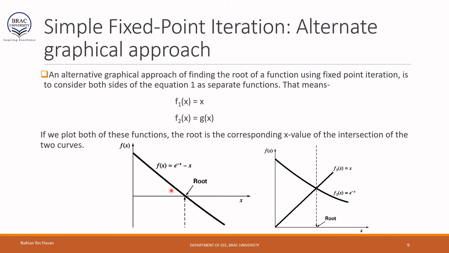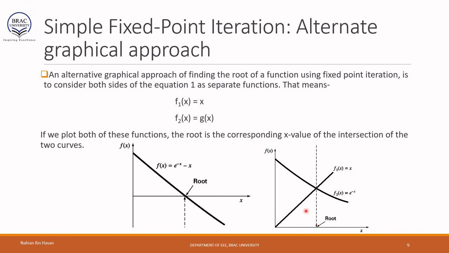In the last case, we drew the whole function f of x equal to e to the power minus x minus x, and we saw where the function intersects the x-axis, the root lies there. But in this case, we separate the original function into two separate functions, f1 of x and f2 of x, and we plot these two functions on the same graph, and we find the corresponding x-axis location of the intersection of the two graphs, and that is our root.